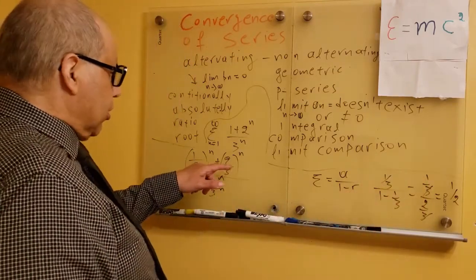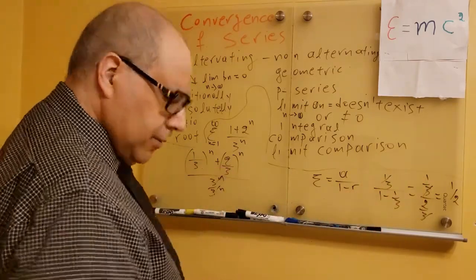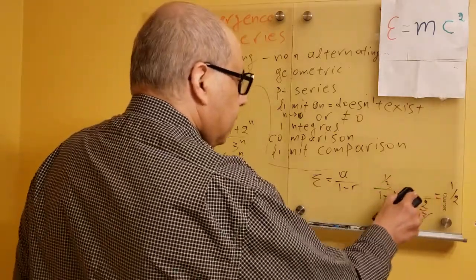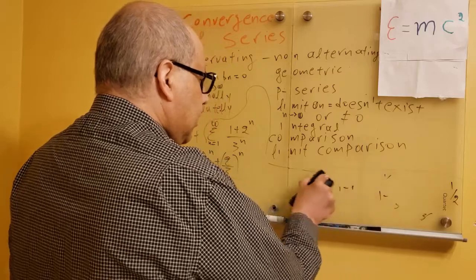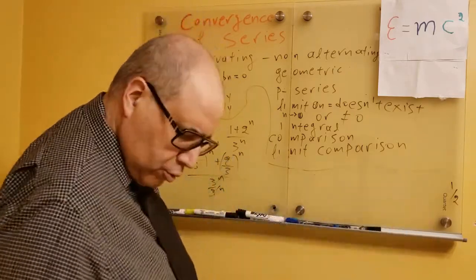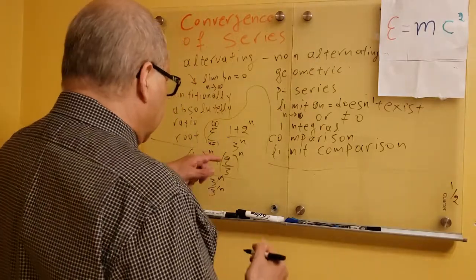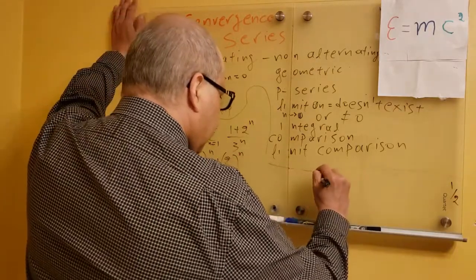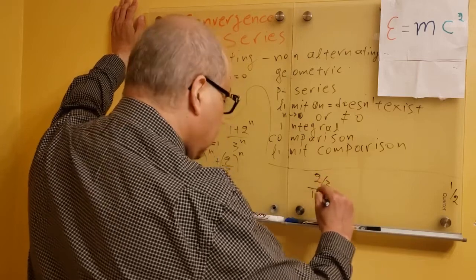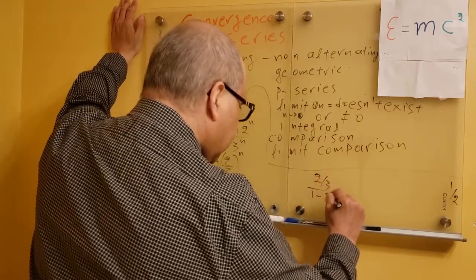And now let's do the second series, the 2/3. It's again the same thing. We said that the sum should be equal to A, the first term. So here the first term is 2/3 over 1 minus 2/3.